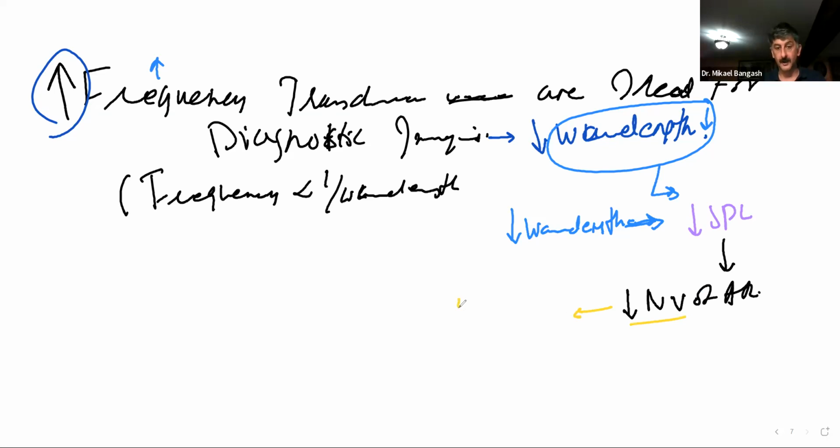That will give us good or better resolution, right? Yes. So that's why I said back then that for diagnostic imaging, high frequency transducers are ideal, because the higher the frequency, the better.